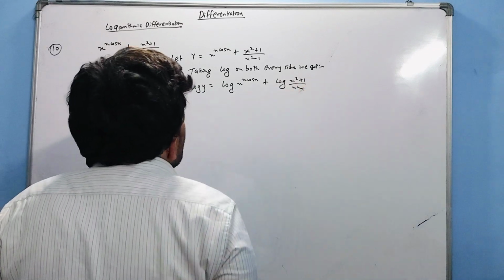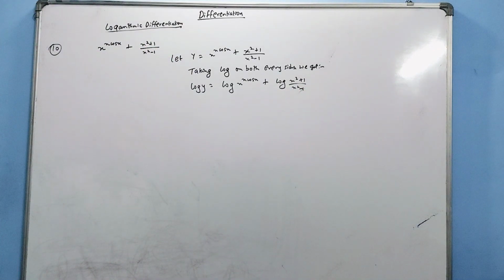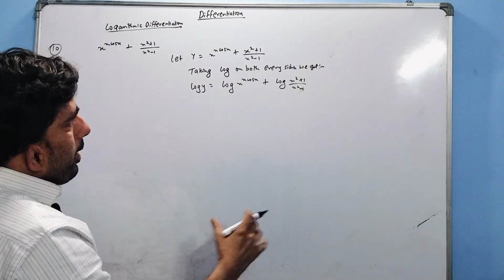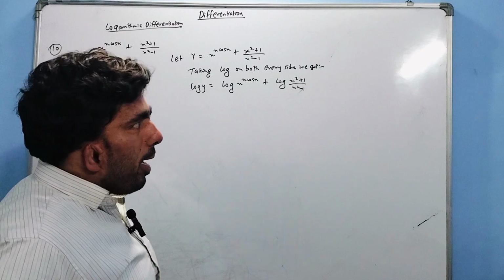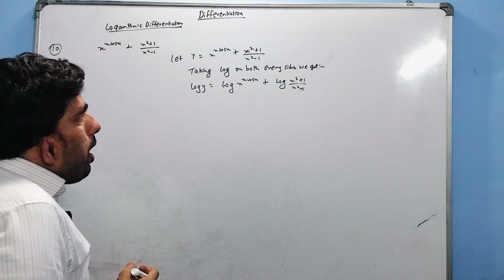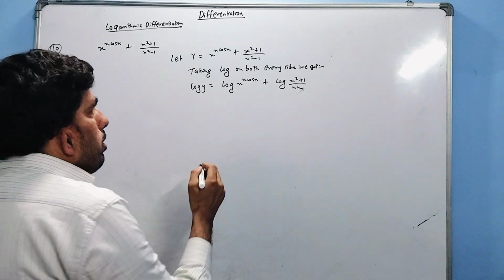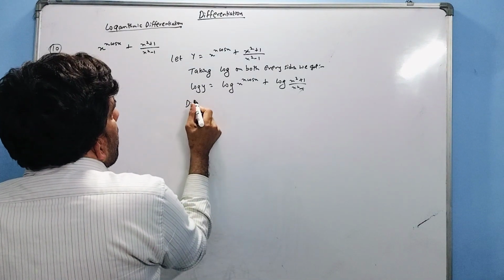We can differentiate them separately, taking them as u and v, and then add and write here. Instead of doing that, I am differentiating both together. So what will be the next step?